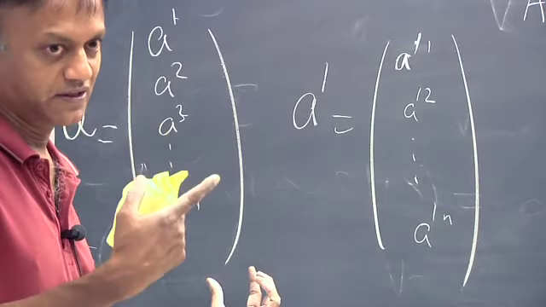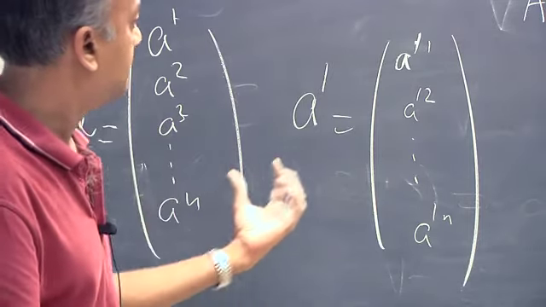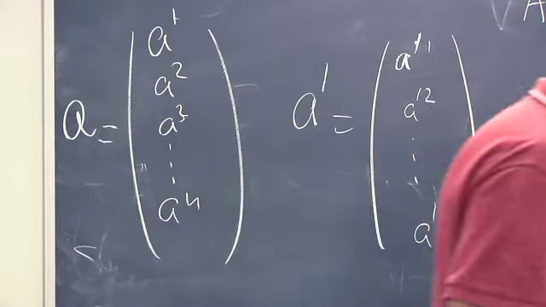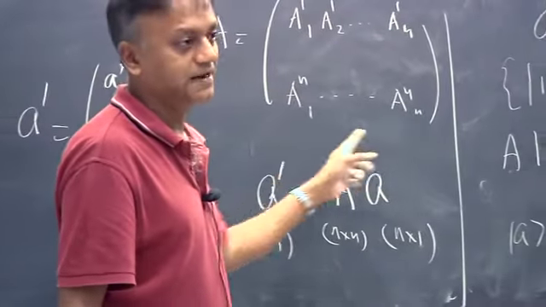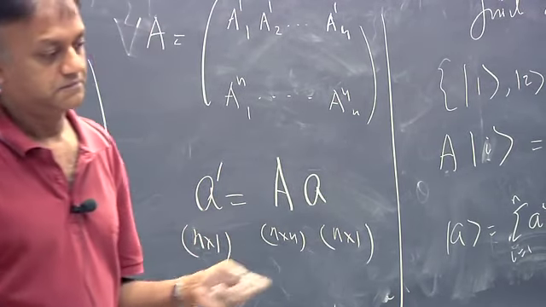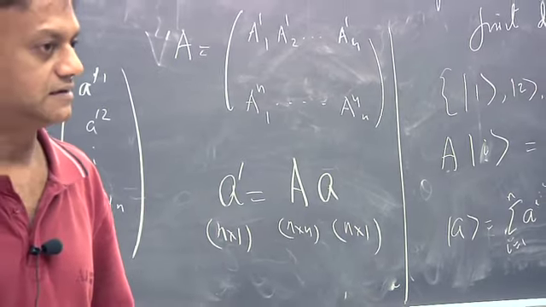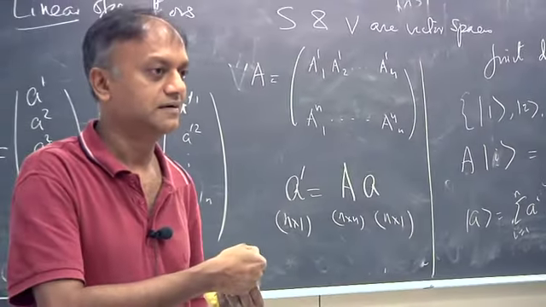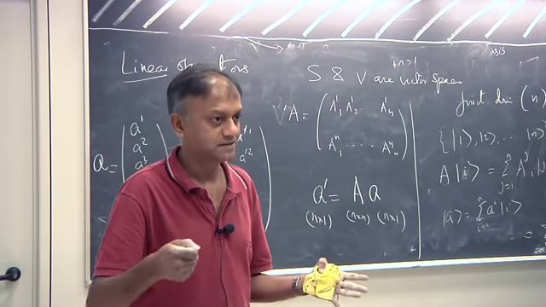And the linear operators in that basis are represented by n by n matrices. So matrices are completely general: for any finite dimensional vector space, any linear operator can be expressed as an n by n matrix once you choose a basis.